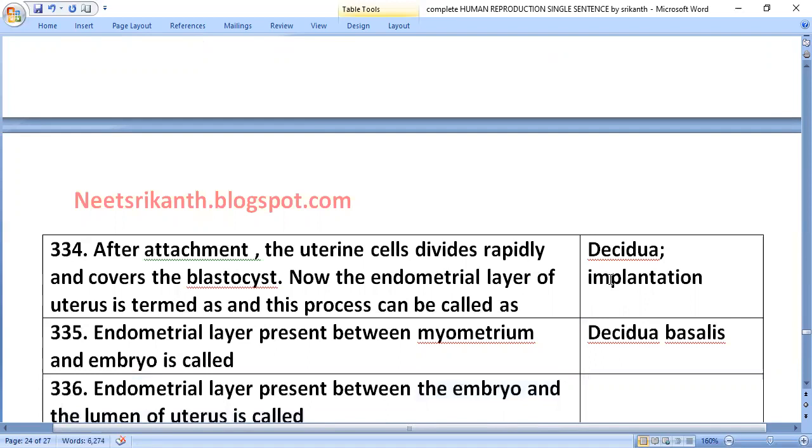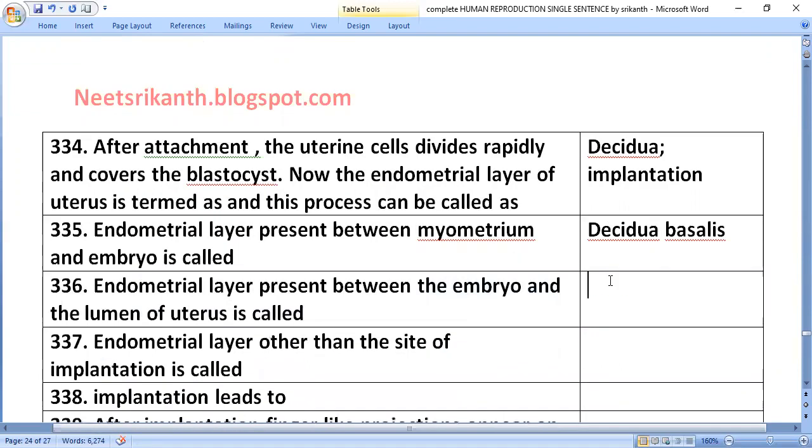The endometrial layer present between the embryo and the lumen of the uterus is called decidua capsularis. The endometrial layer other than the site of implantation is called decidua parietalis.